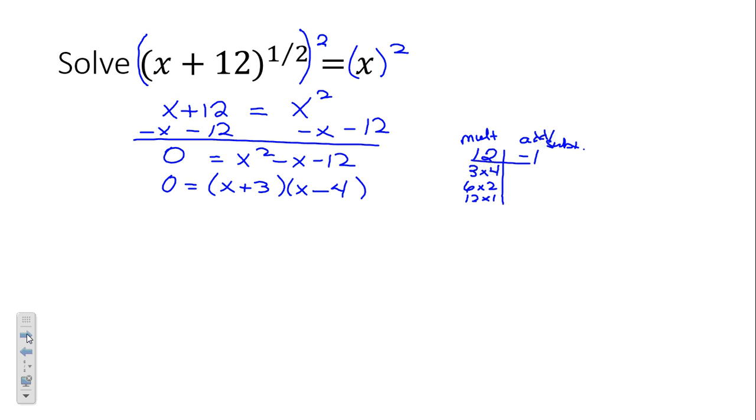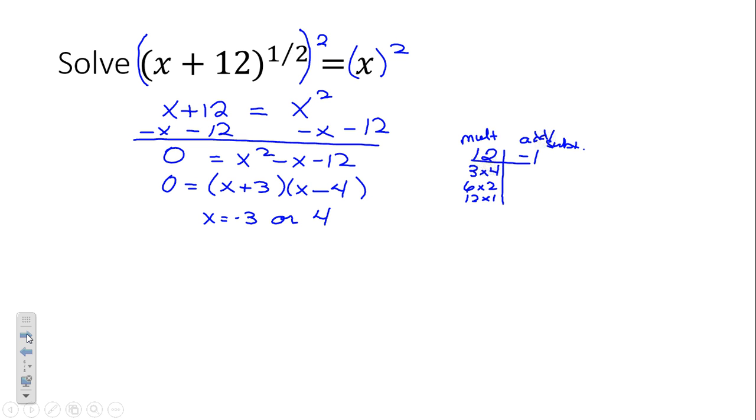Okay? So what are our solutions potentially? Those are our possible zeros, our possible answers. But what's the thing we have to do? Yep, gotta go back and check it.